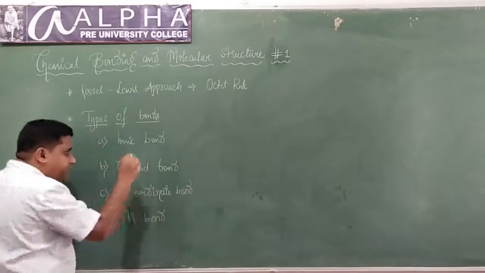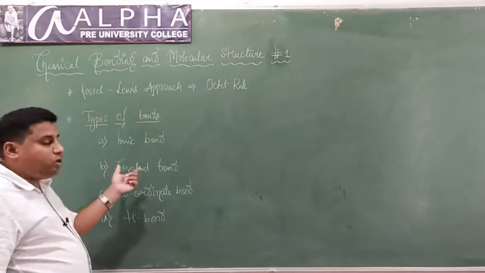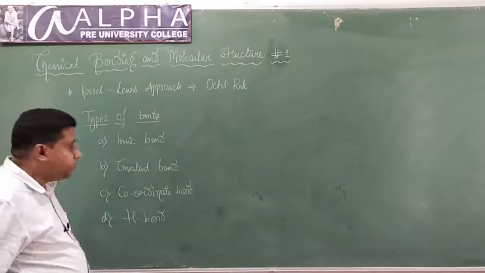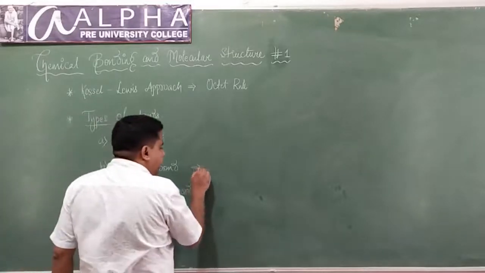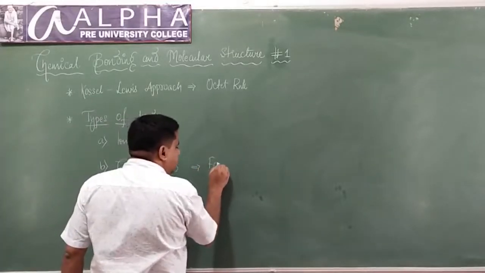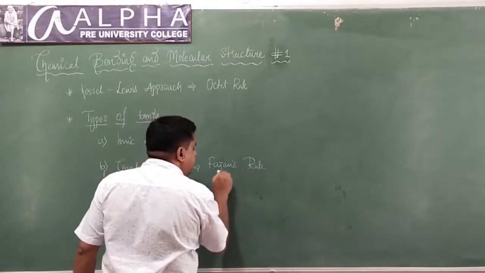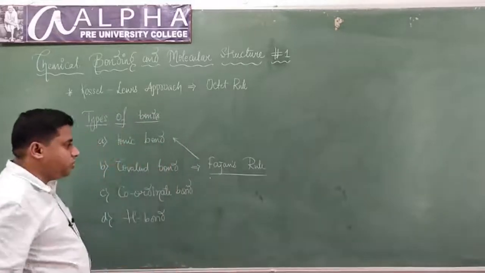So four different types of bonds we will study in this chapter: ionic bond, covalent bond, coordinate bond and hydrogen bond. In covalent bond itself we will study something called Fajan's rule, which is related to both ionic bond as well as covalent bond.